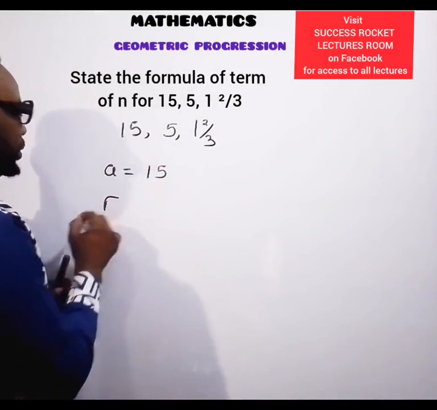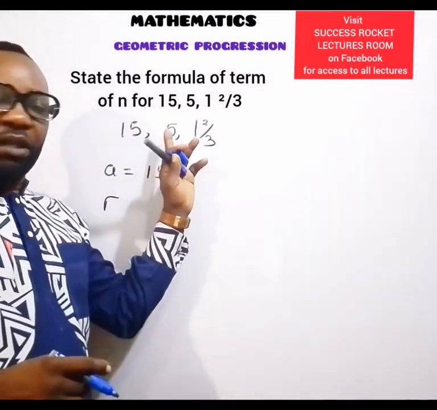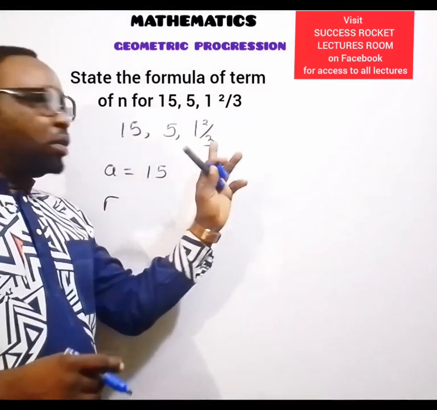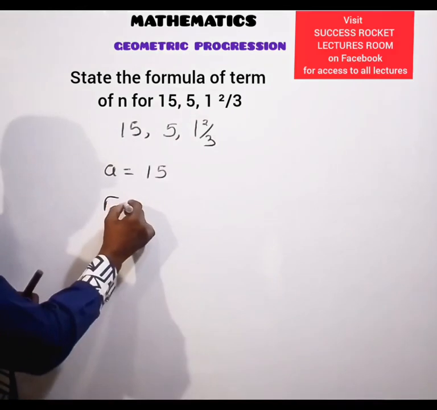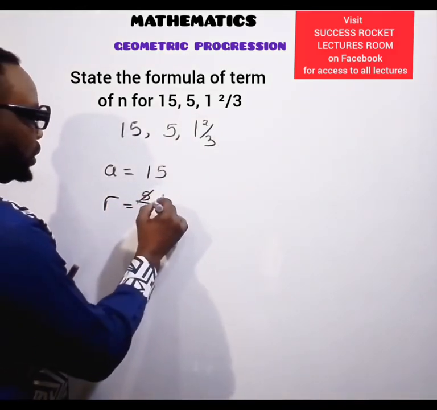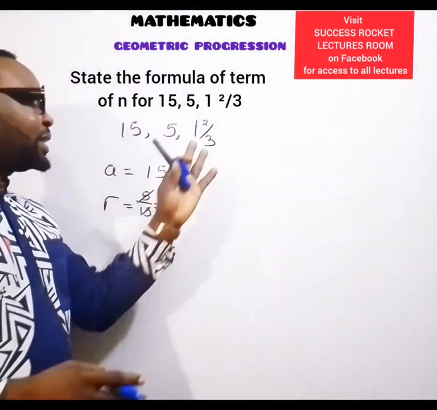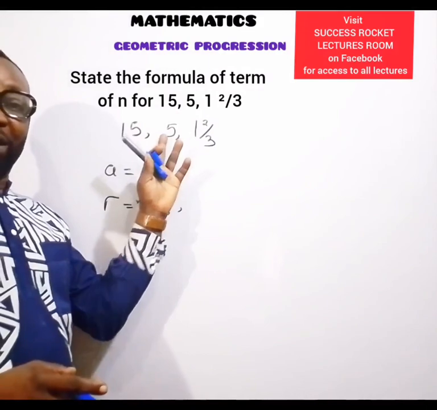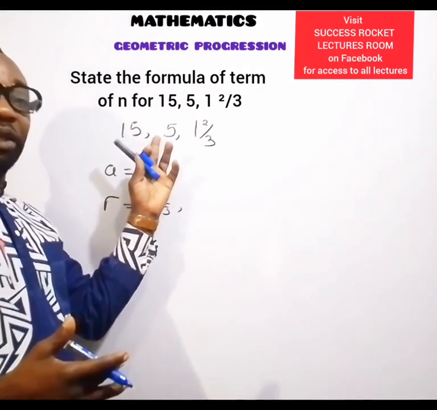Our common ratio. Now, we can get our common ratio here by either dividing the second term by the first term or dividing the third term by the second term. Let's look at how we are going to achieve that now. 5 over 15 will give us 1 over 3. Let's check if the value we are going to get here is the same value as this one.